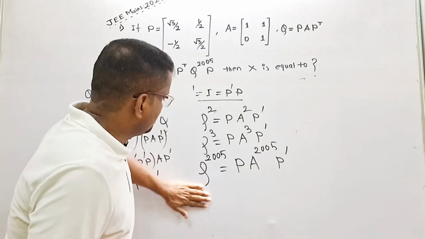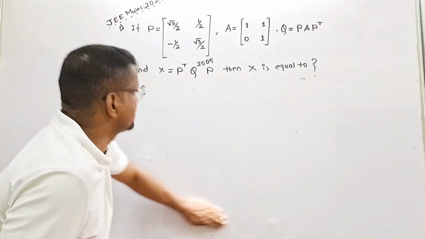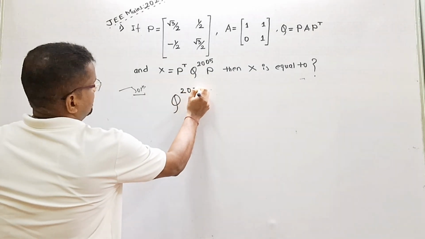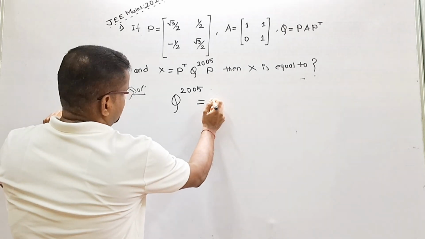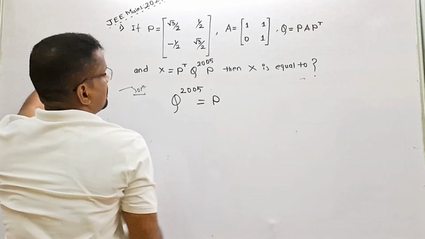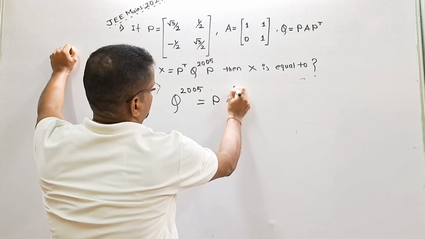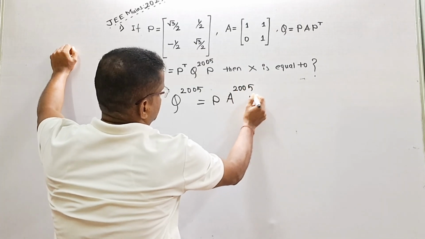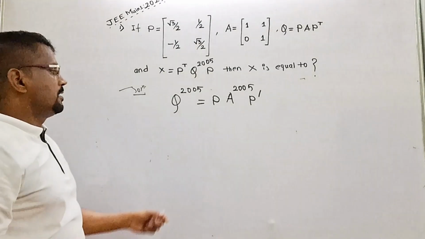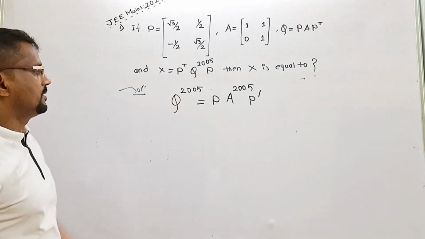So the final result we are going to use: Q to the power 2005 equals P A to the power 2005 times P dash. This is the value of Q to the power 2005 we obtained. Now on putting this value here, you can simplify and you will get the value of x.